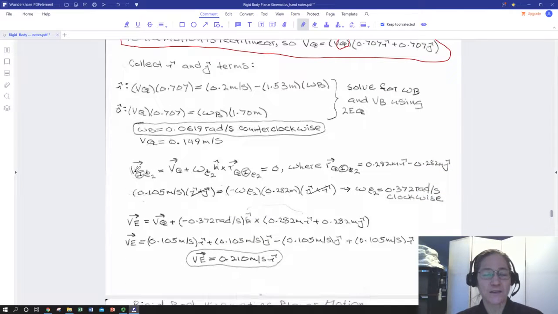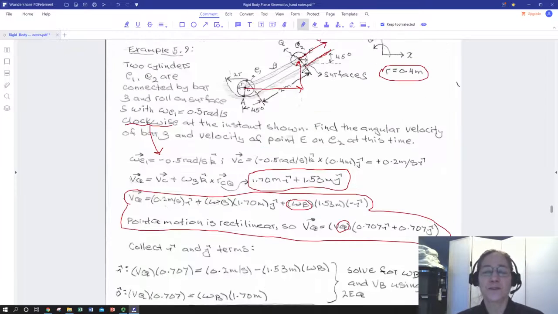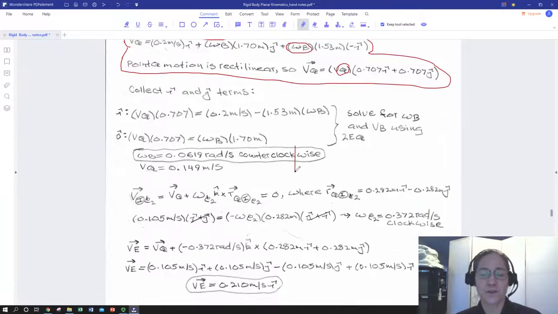I calculated the velocity of the contact point with the surface on that second cylinder. I went ahead and used the velocity of point Q to get the velocity of the invariant point, and then in another step I used the point of instantaneous zero velocity at the contact as my known velocity point to get the velocity at E.